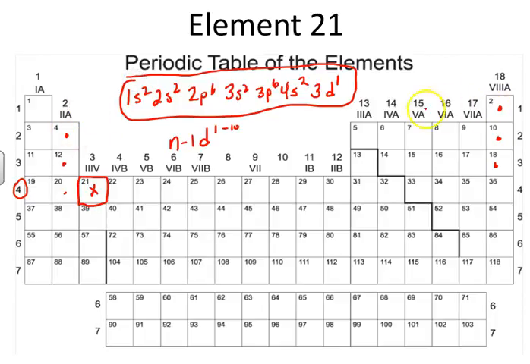So again, I'm bouncing to the edges of the sections. This one always 1s2, then 2s2, 2p6, 3s2, 3p6, 4s2, then n minus 1, 4 minus 1 is 3, d, first element.